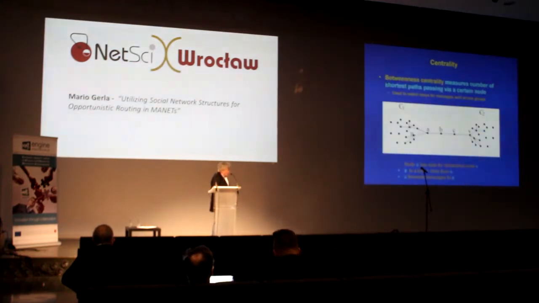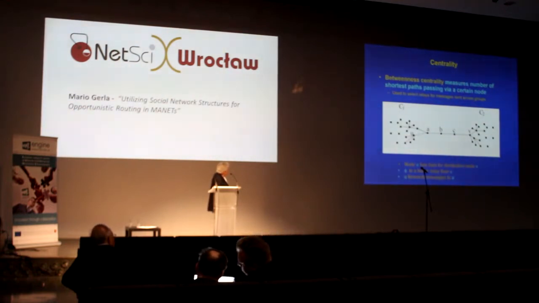So there are a few concepts that we introduce here in order to set up our algorithm. The first concept is centrality. I think these are concepts which are well known to the audience here. But the centrality measures the number of shortest paths passing via a certain node.